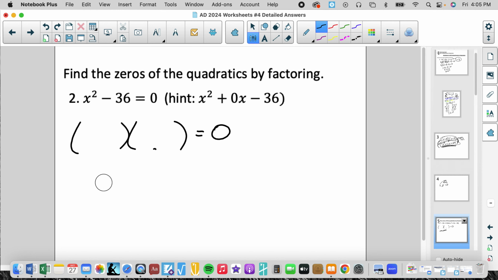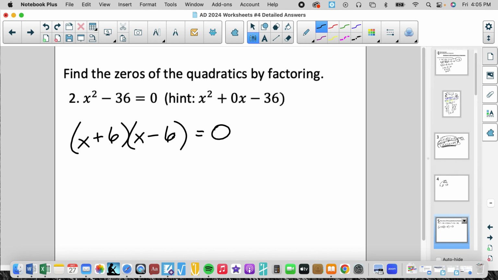So for the difference of squares, we take the square root of our first, which will always be our first, and the square root of our last is always going to be our last. And what do we know about our signs? They have to be opposite of each other because they're conjugates. And notice our inside and outsides would cancel. That's 6x and -6x. That's why we don't have a middle term. And so that's a really nice, efficient way.